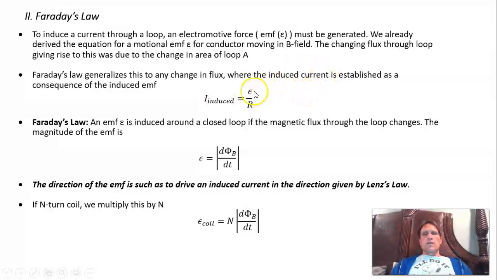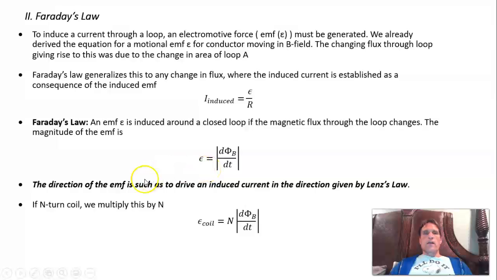And so this was equal to the EMF, the electromotive force induced in the loop, divided by R. Faraday's law simply says that the EMF is equal to the magnitude of the time variation in the flux. So it's the change in flux over the change in time. In other words, it's equal to the rate at which the flux is changing through the loop in time. Okay, and this gives you the magnitude of the EMF.